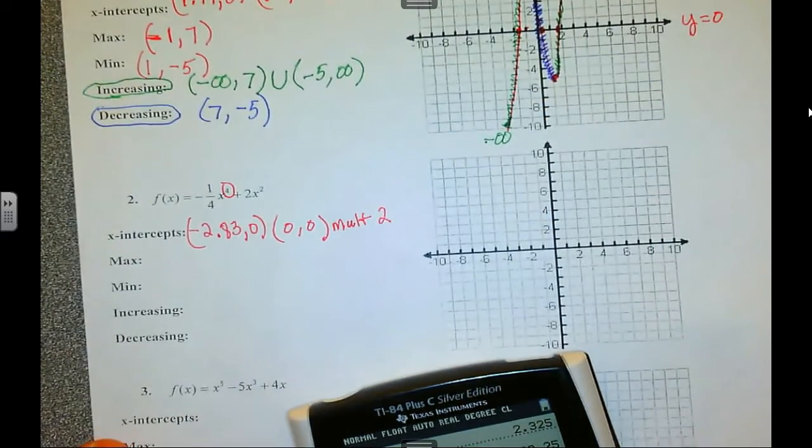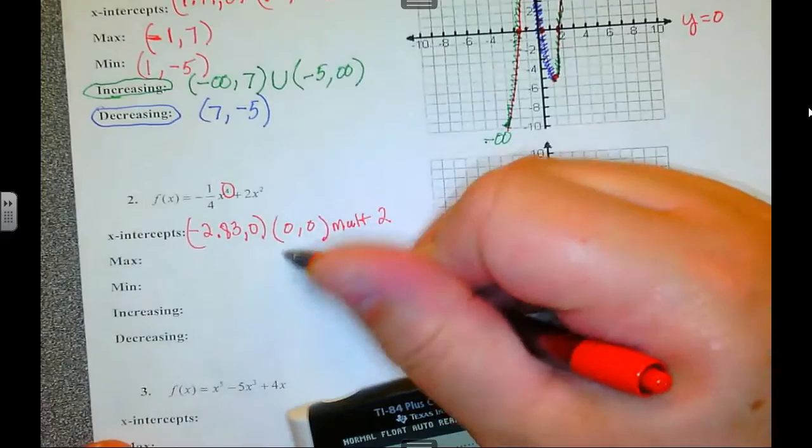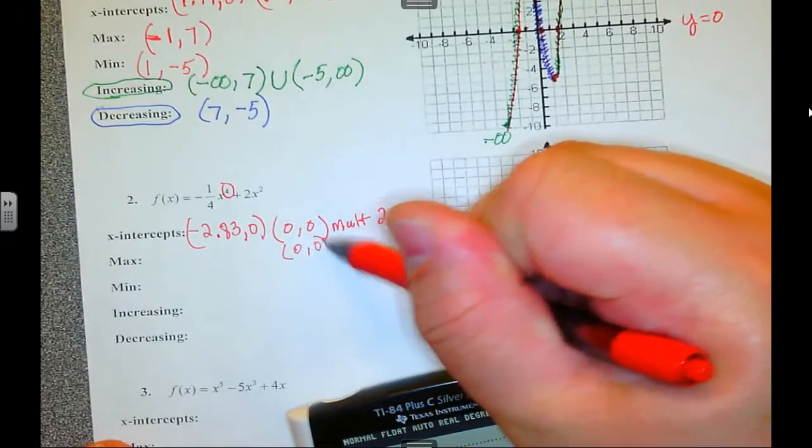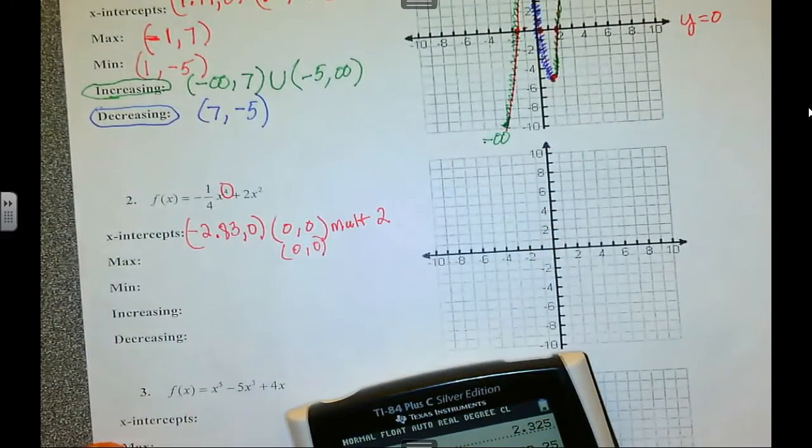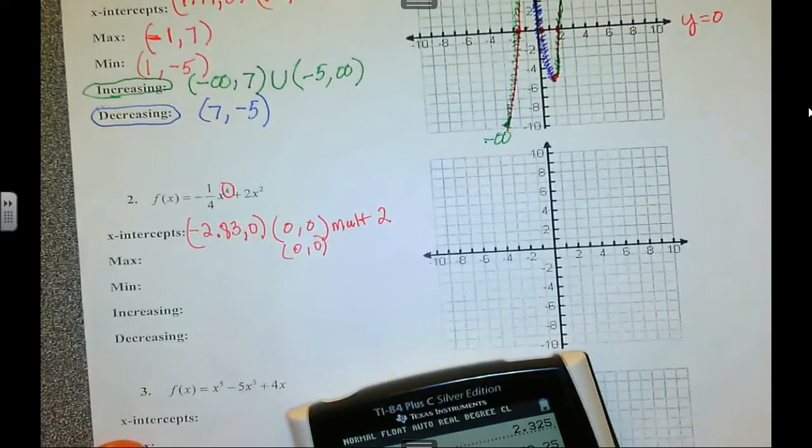Okay? You can either put multiplicity of 2, or you can just put down 0, 0 twice. I don't care. You guys are algebra 2. You're just analyzing this. You're not using it. You're analyzing graphs.